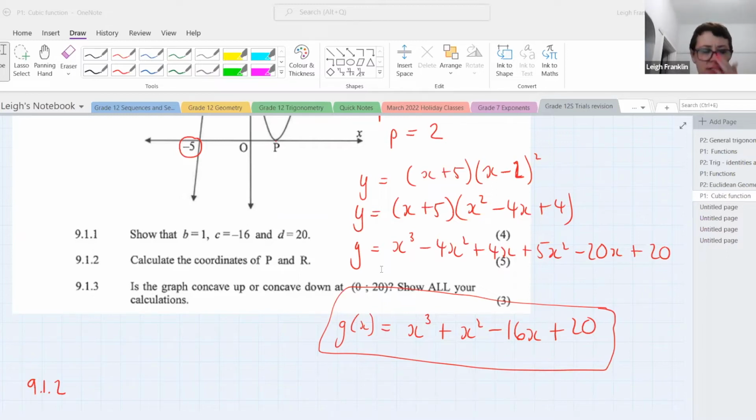I left my answers as improper fractions, Hope, but I'm just going to check if we maybe got the same thing here. Yes.